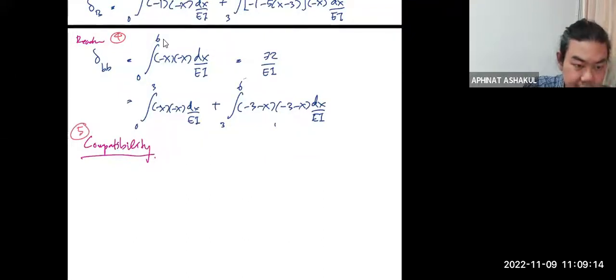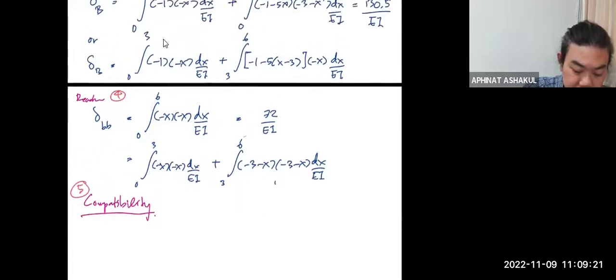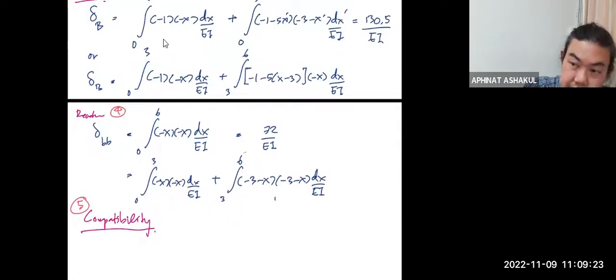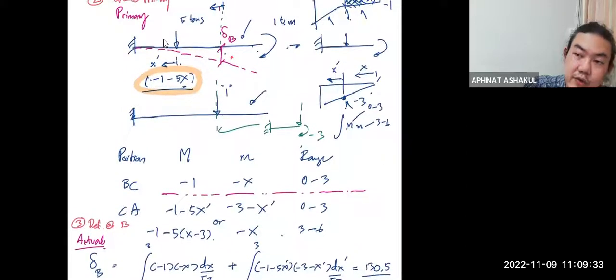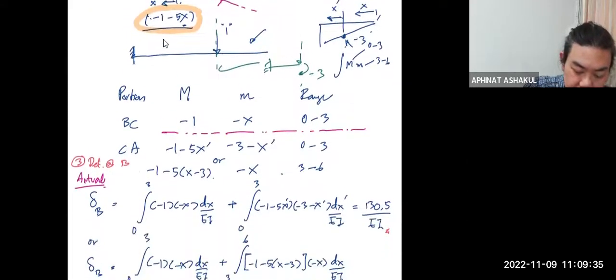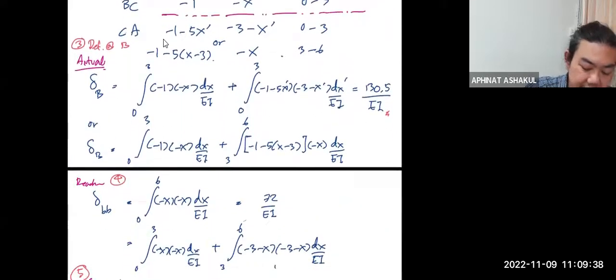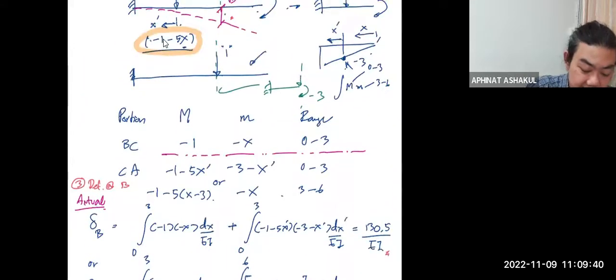Notice that I applied the unit load in the downward direction, and I got all positive numbers, which means the deflections are downward. The first number here indicates that I have the downward deflection with the actual load. The second positive number indicates that I have deflection delta BB downward, because I applied the unit load downward.